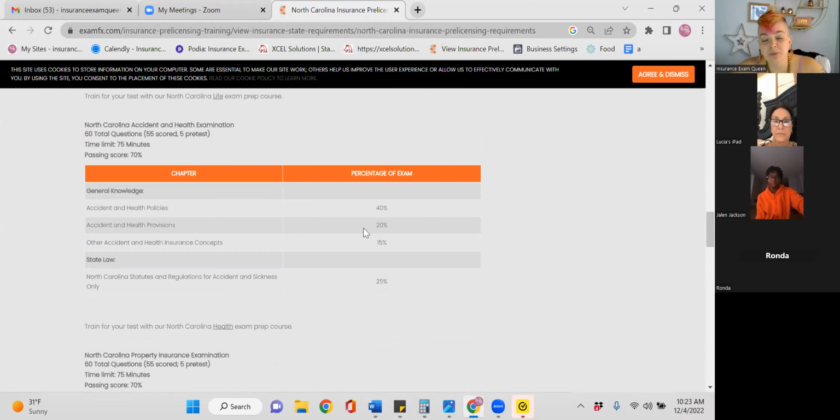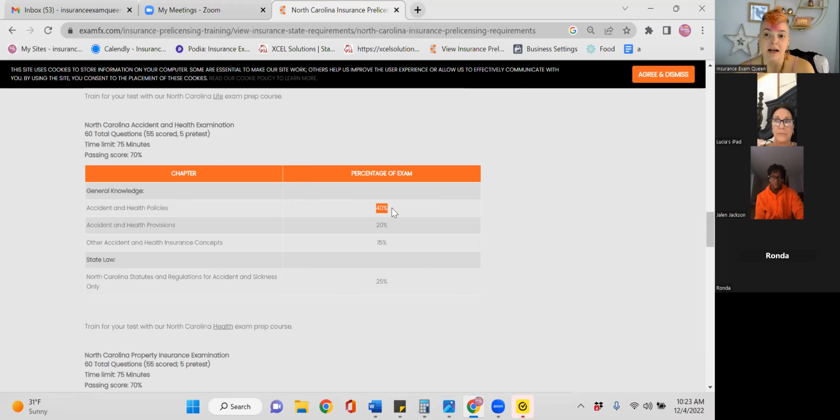Yours is actually pretty similar to the Arkansas, except yours are flip-flopped in that you do need to know the health policies very well, but they clump them all together. So the HMO, the PPO, the disability, the long-term care, all going to be inside that chapter.